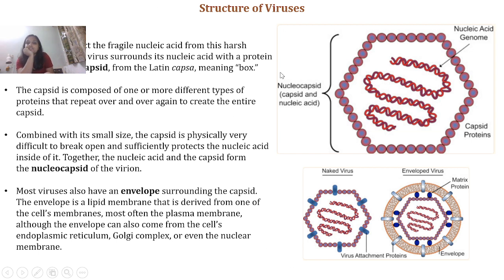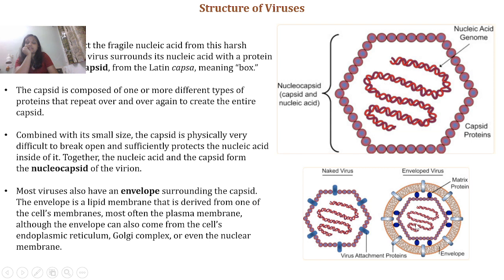It is also for protection only, to give double protection, and mostly this envelope is created by the membrane derived from the cell membrane, and most often it is plasma membrane, although the envelope can also come from the cell's endoplasmic reticulum, Golgi complex, or even nuclear membrane.